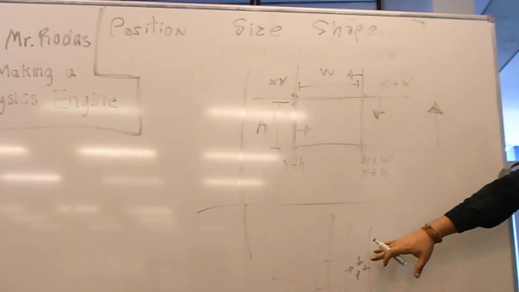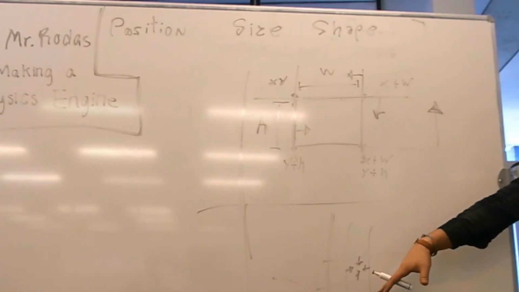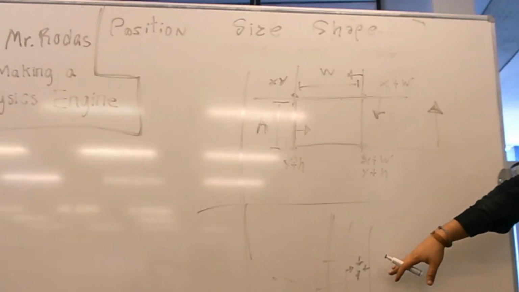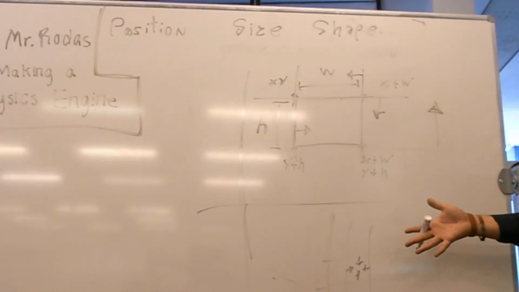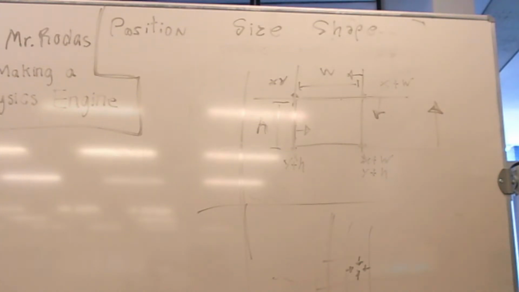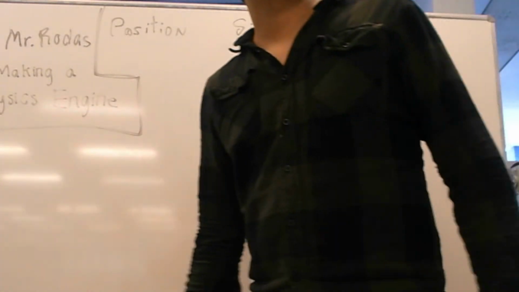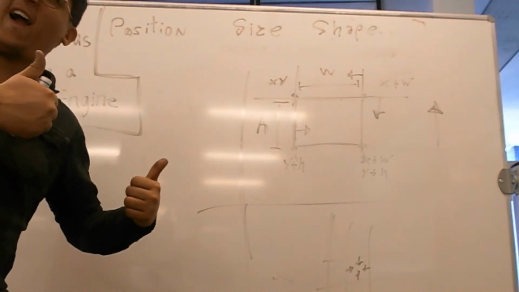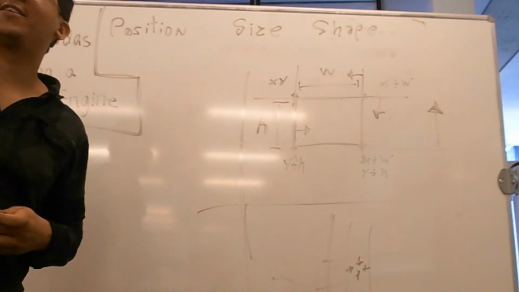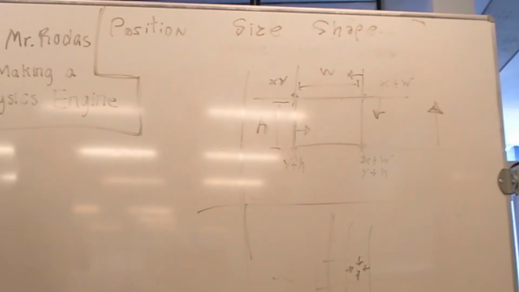If all of these conditions are true, then you are colliding with the square. Okay? I don't have time to do this one right now. We'll do it next time.